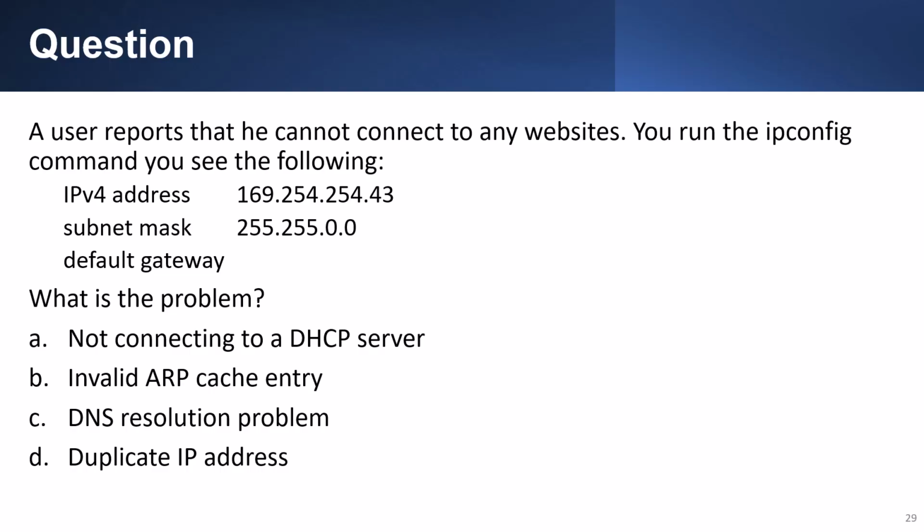You run the ipconfig command and you see the following: IPv4 address 169.254.254.43, subnet mask 255.255.0.0, and no default gateway. What is the problem? Answer: not connecting to a DHCP server.